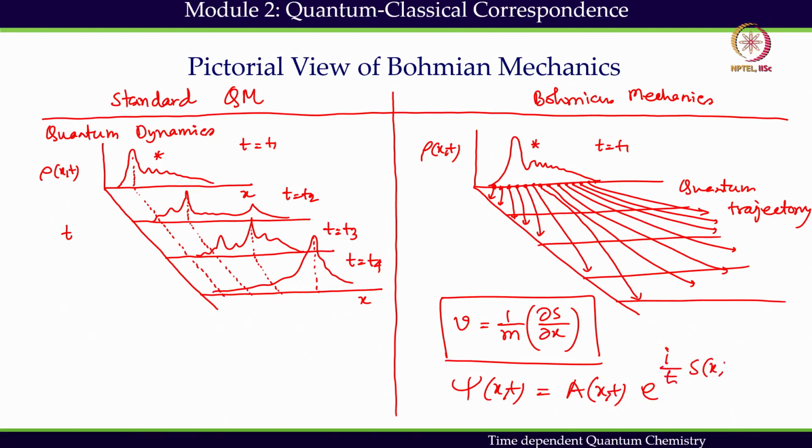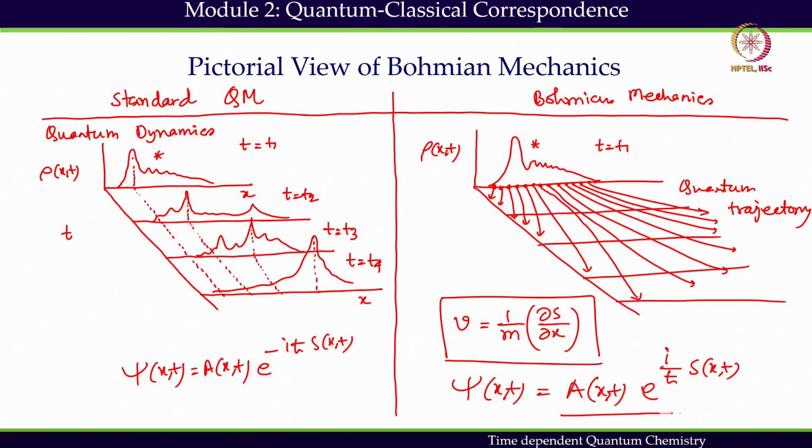One can argue that instead of taking this kind of form, what if I take this kind of form? A(x,t) is fine, but e to the power minus i over h-cut S(x,t), that is also fine. Probably we will end up with some other interesting information. So, any kind of form one can use.